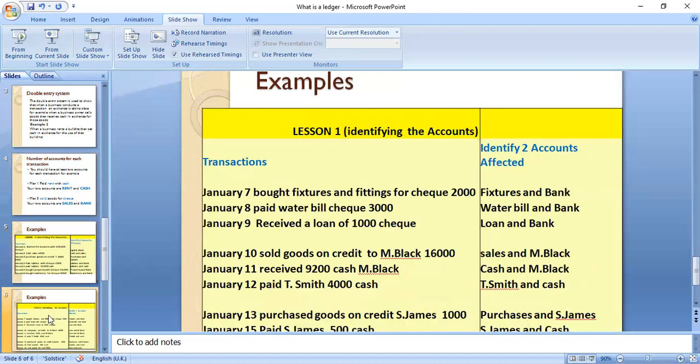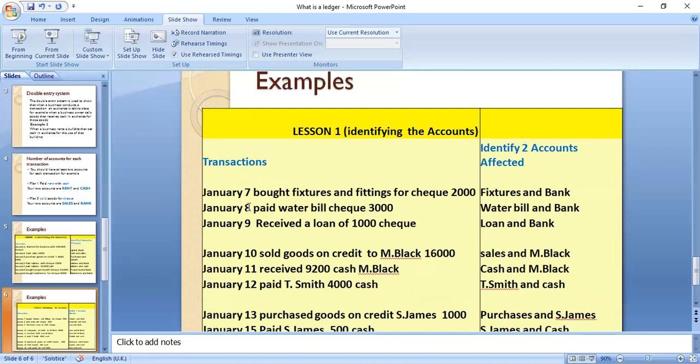All right. Second set of examples now. It says January 7, bought fixtures and fittings for check $2,000. Two accounts affected are fixtures and fittings and bank, right? Here they are, fixtures and fittings and bank.